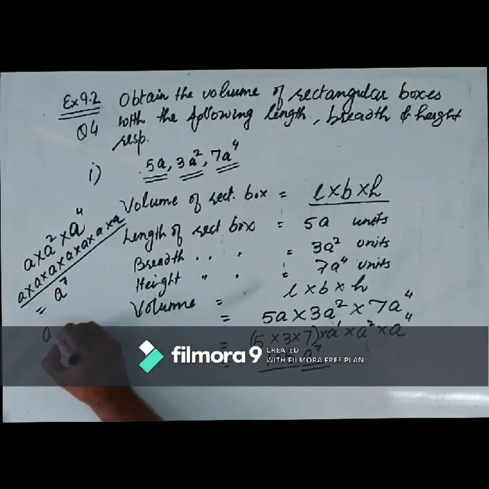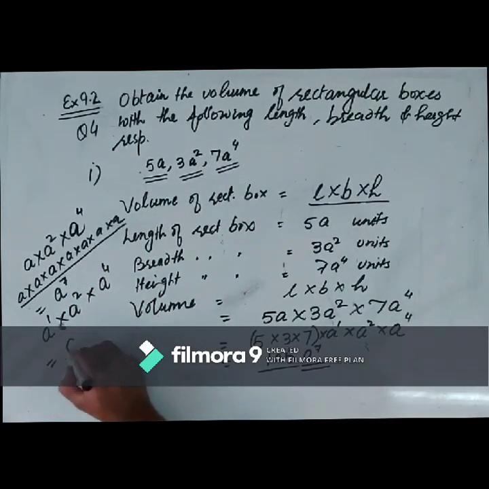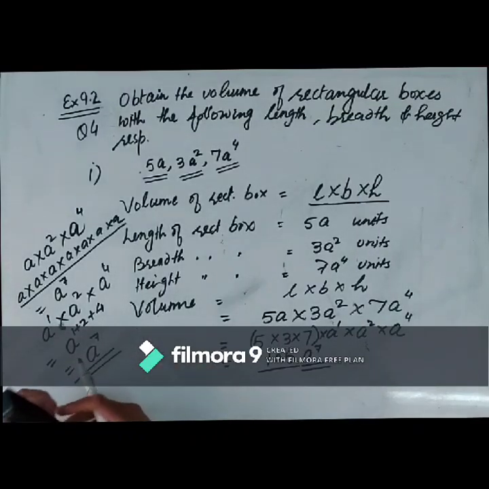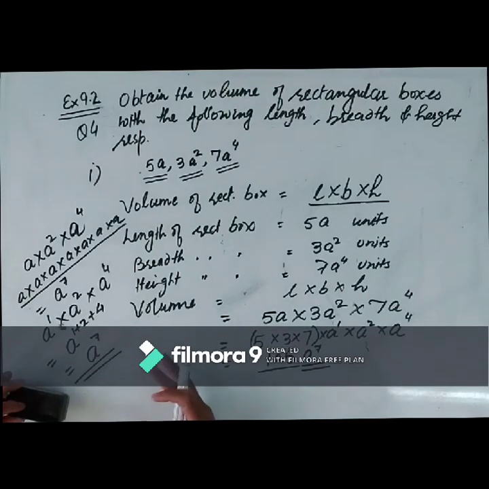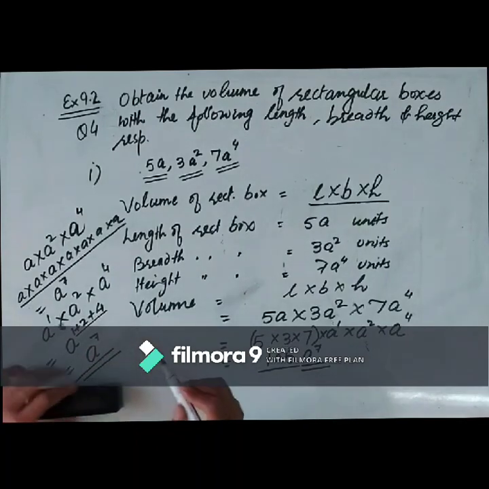Another way is a raised to power 1 into a raised to power 2 into a raised to power 4. We can say this is a raised to power 1 plus 2 plus 4, that is a raised to power 7. So this is how we do it: when having the same base and different powers in product form, the powers are to be added.